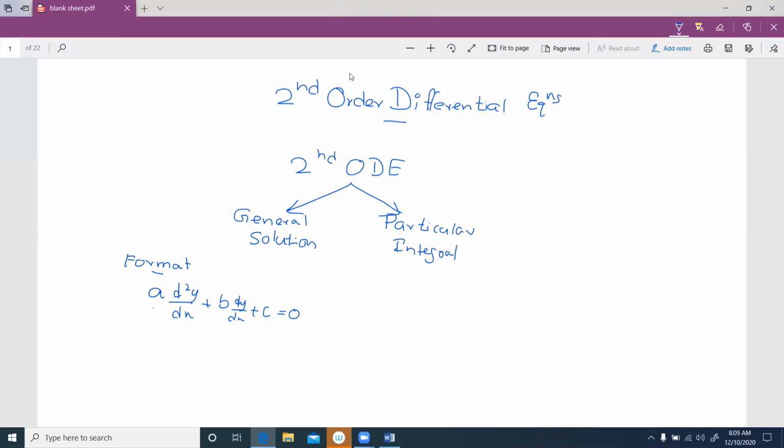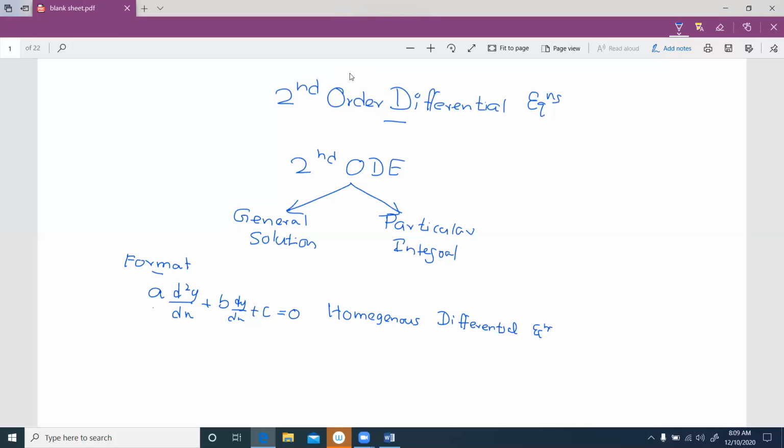If it is in this format, we call this a homogeneous differential equation.